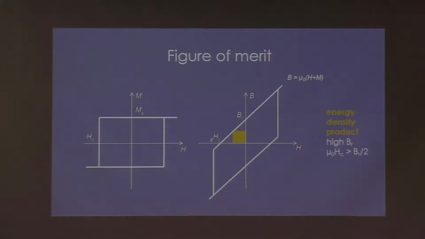So even a tiny improvement of the magnetization will give us some improvement of the energy density product. But we need a certain amount of coercivity. In order to get this maximum value of the energy density product, the coercive field should be at least half of the remanence. And for practical applications, probably it should be even much more than half of the remanence.